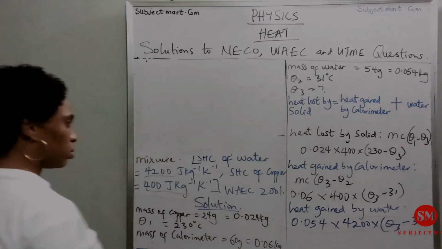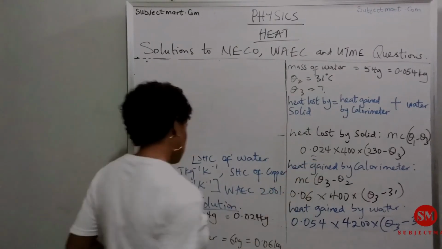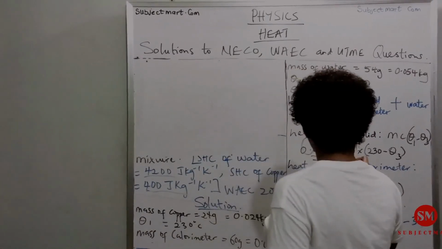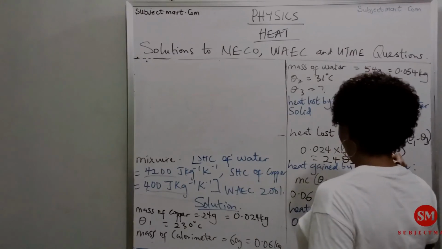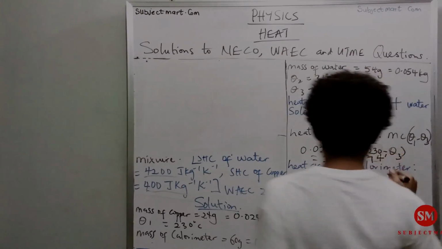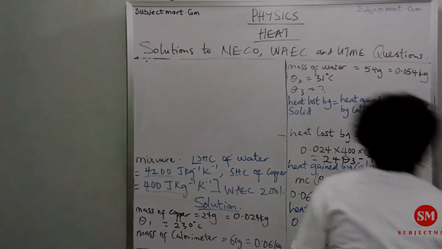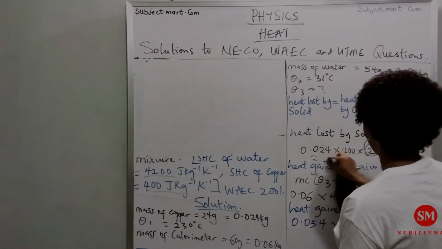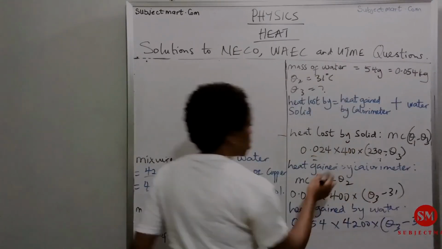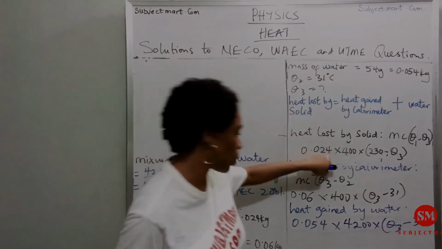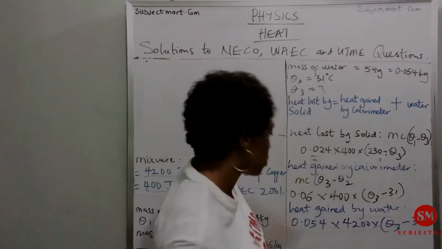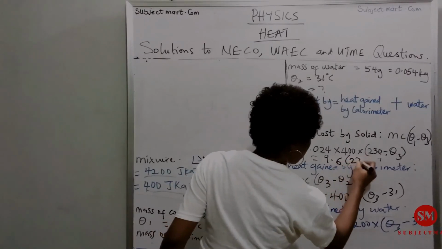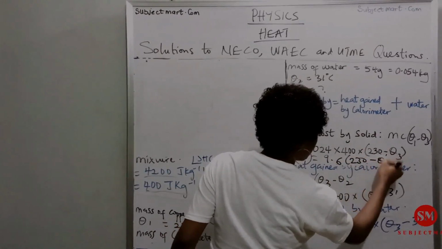Heat lost by the solid, if I multiply this by this, I'm going to have 9.6 into bracket 230 minus theta 3.